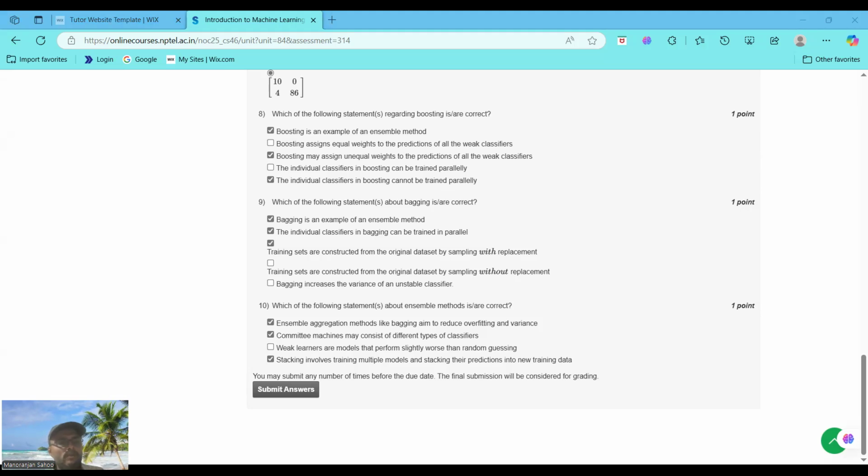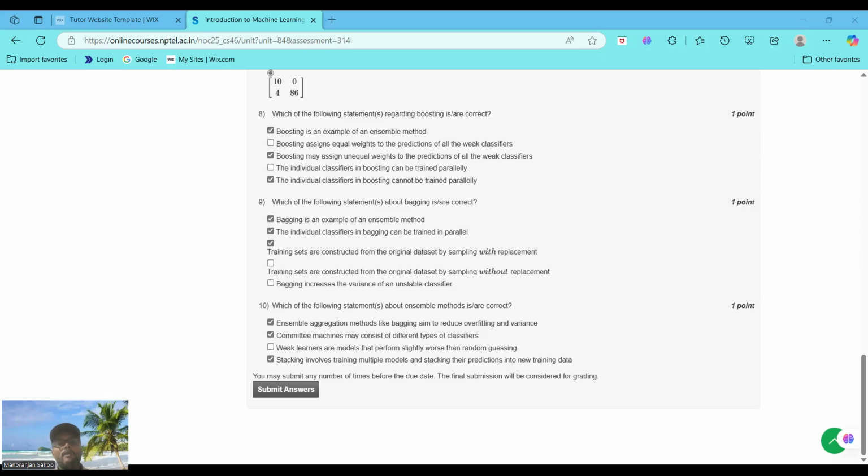A is true because bagging reduces variance and helps mitigate overfitting by averaging predictions. We consider B also true. Committee machines, that is ensembles, can combine diverse classifiers. We choose C as the false option. Why false?